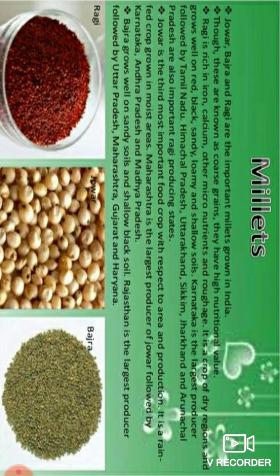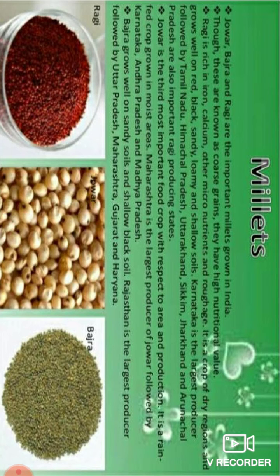And one more thing, it is a crop of the dry region and grown well in red, black, sandy, or loamy soils. Karnataka is the largest producer, followed by Tamil Nadu, Himachal Pradesh, Uttarakhand, Sikkim, Jharkhand, and Arunachal Pradesh, which are the important ragi producing states.